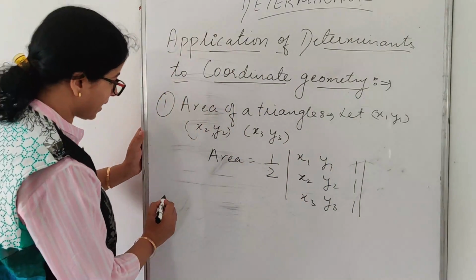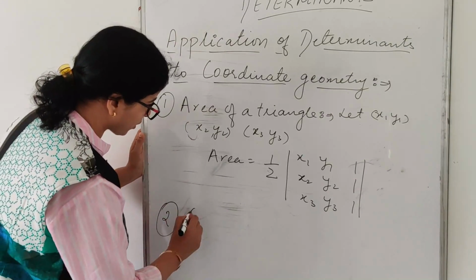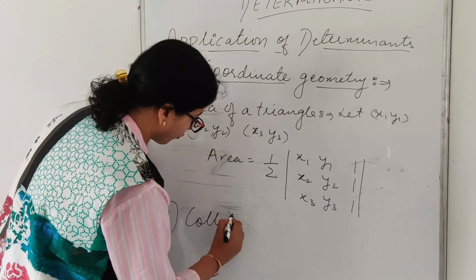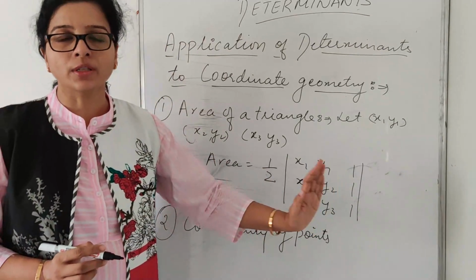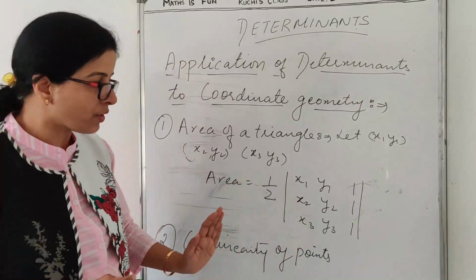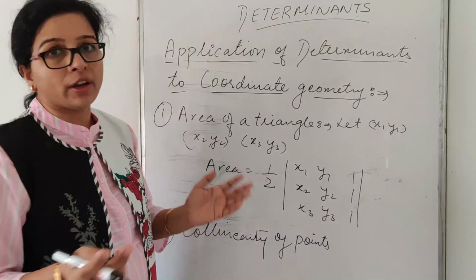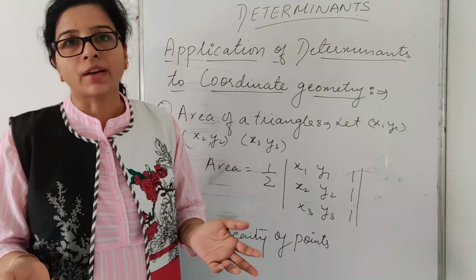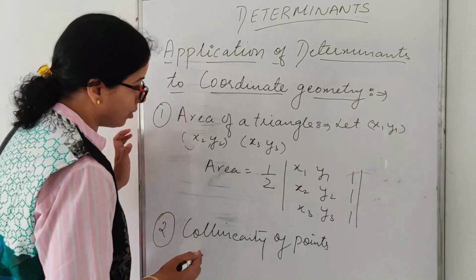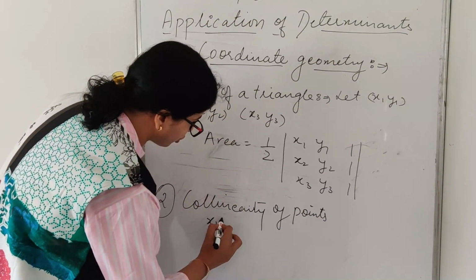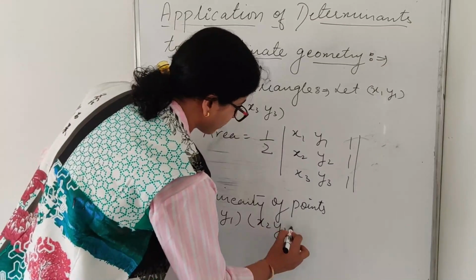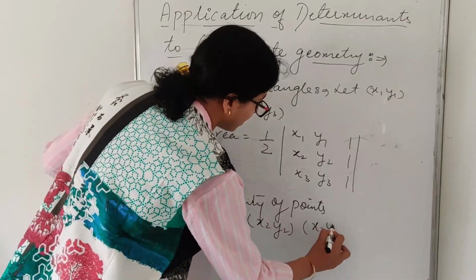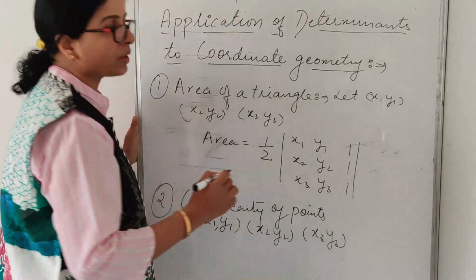Okay. Now second is collinearity of points. So if we have to check whether the given points are collinear or not, how can you find out? As we know, if the points are collinear, area of triangle will be 0, right? So say for example, I have to check x1 y1, x2 y2 and x3 y3 as collinear.